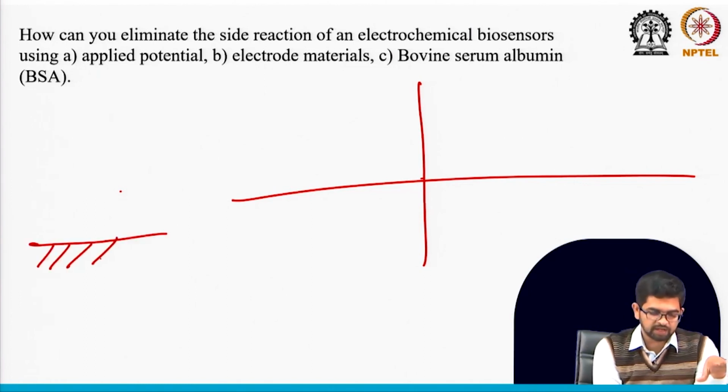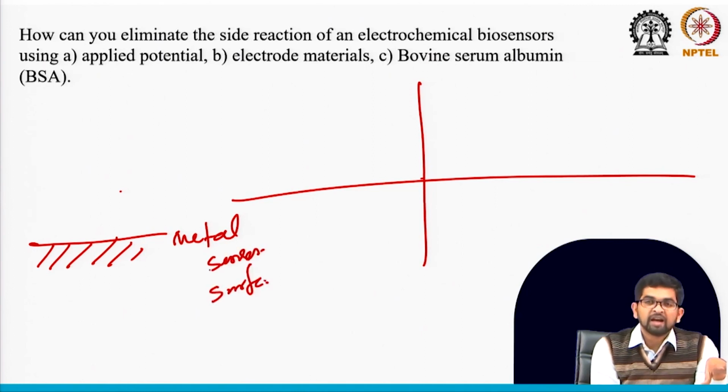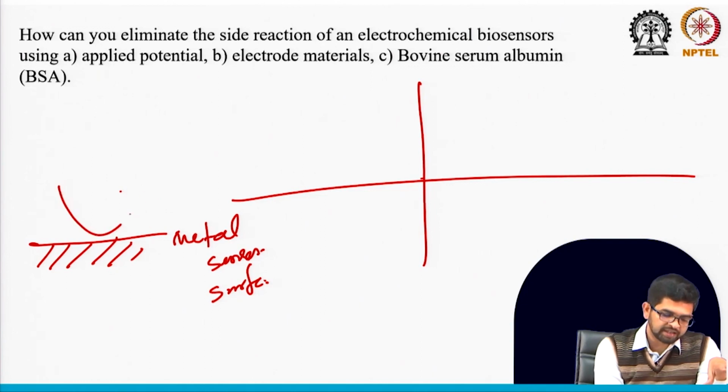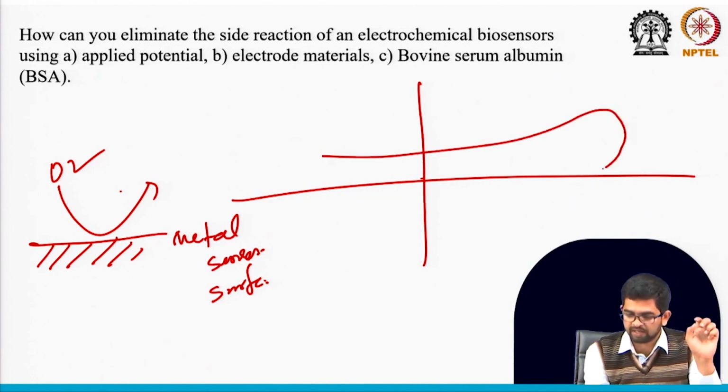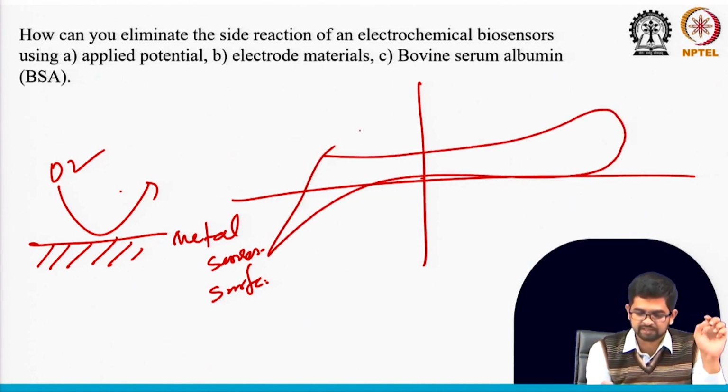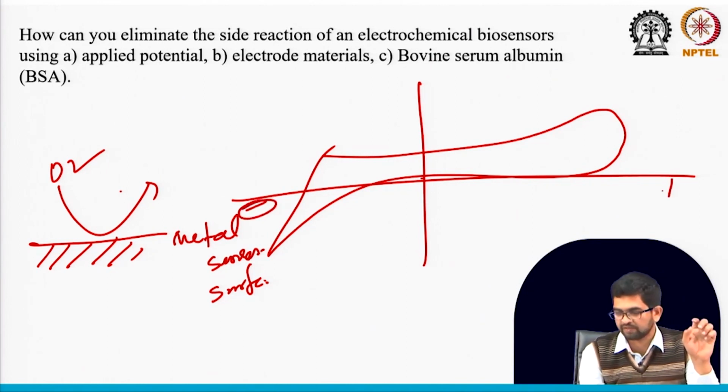sensor surface. Suppose you have a metal-based sensor surface, and you want to check the oxygen side effect, how oxygen is reacting on the sensor. What we will do is, in a buffer sample, measure a cyclic voltammogram. Maybe the cyclic voltammogram can look like this, because this is negative, this is positive.